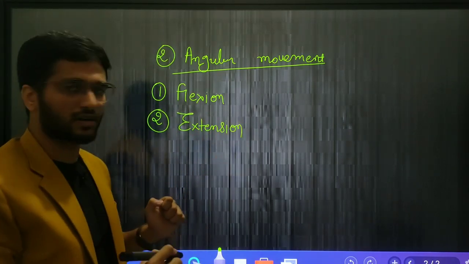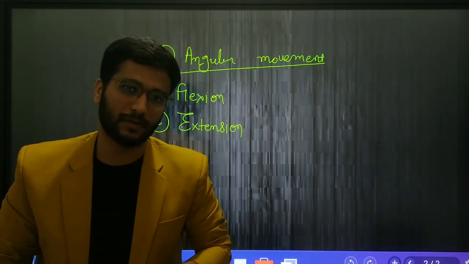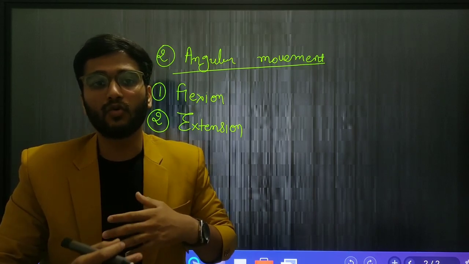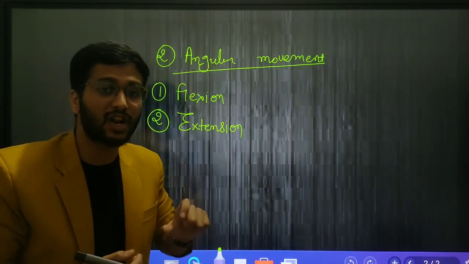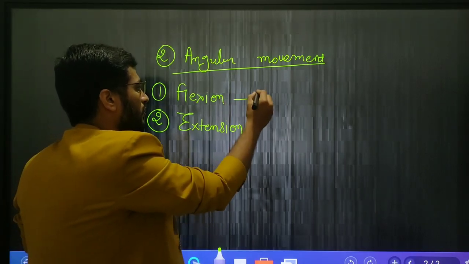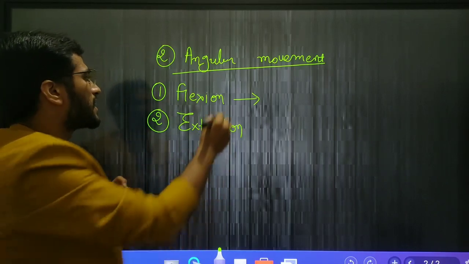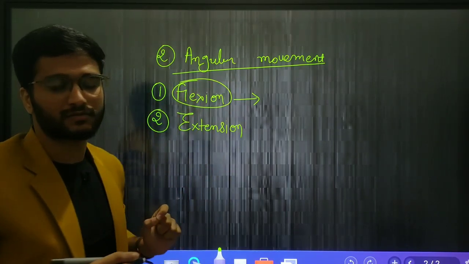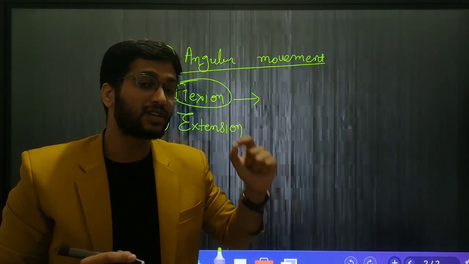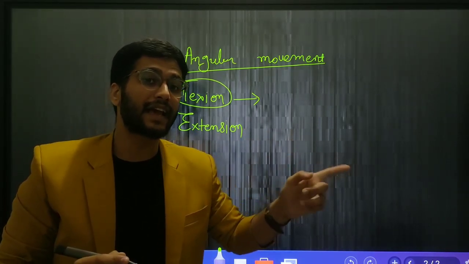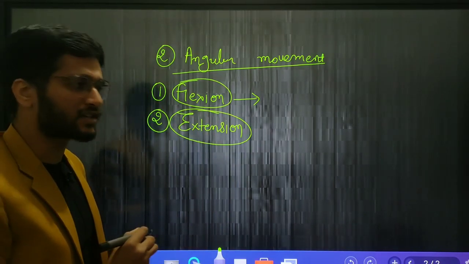Flexion is when we move the joint in a direction by which the angle of the joint decreases. That movement is known as flexion. But the movement where the joint angle is extended, or increased, is known as extension.